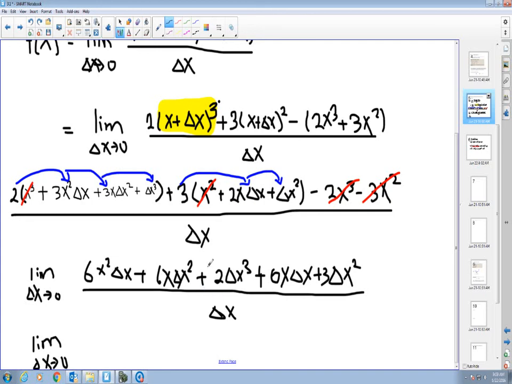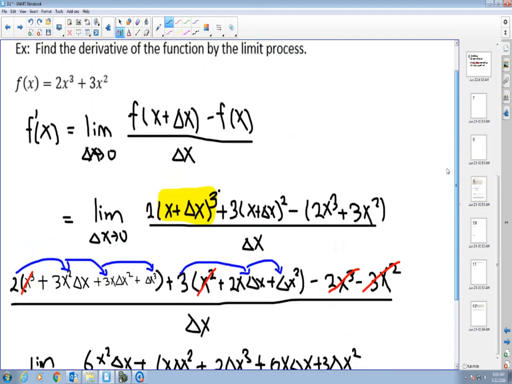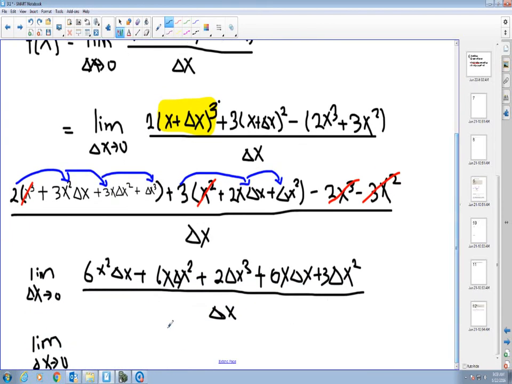Mr. Jim made a mistake somewhere. 6x delta x, 3 right there. I guess I'm right. I guess there's no mistake here.